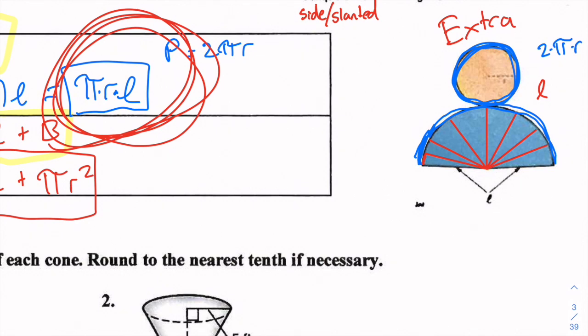So fun fact, if I want to find the area of all these triangles, the area is 1/2 base times height. So how can I break this down here? What's the base? If I add up all these bases, those bases are the circumference.